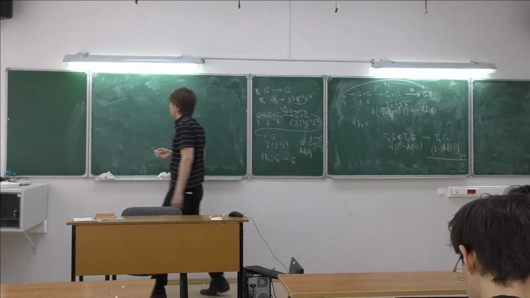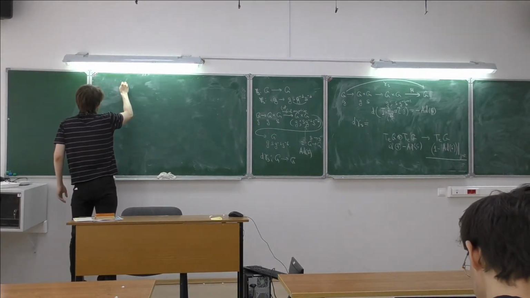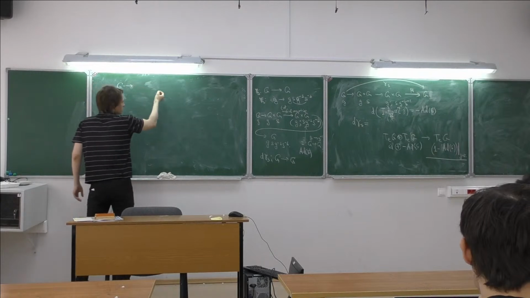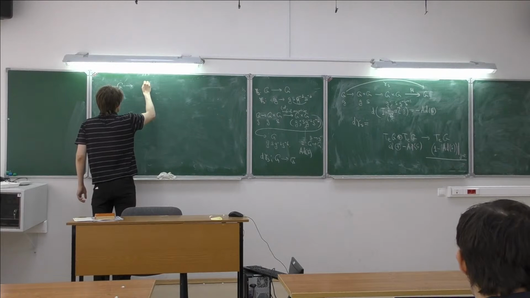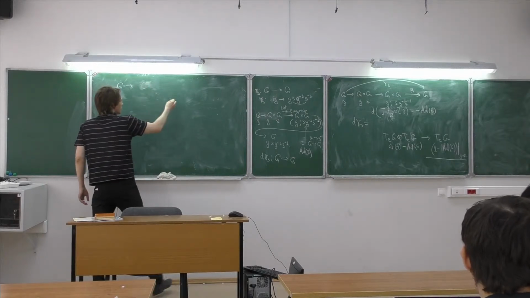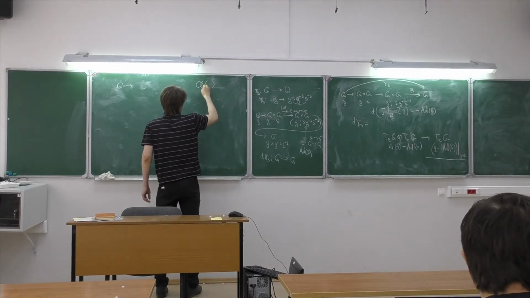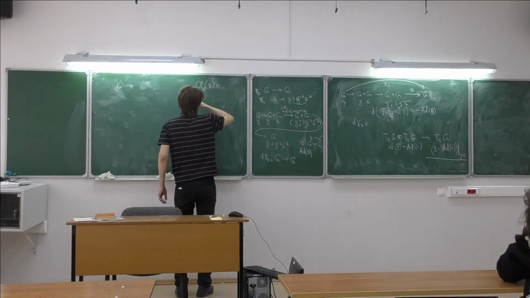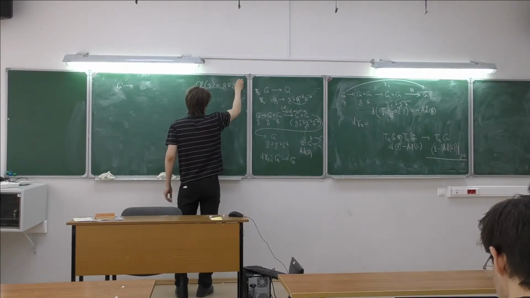So you have a map from G to this variety, just obtained as the orbit. Let us denote this, for example, as the conjugacy class of S, which is G S G inverse.